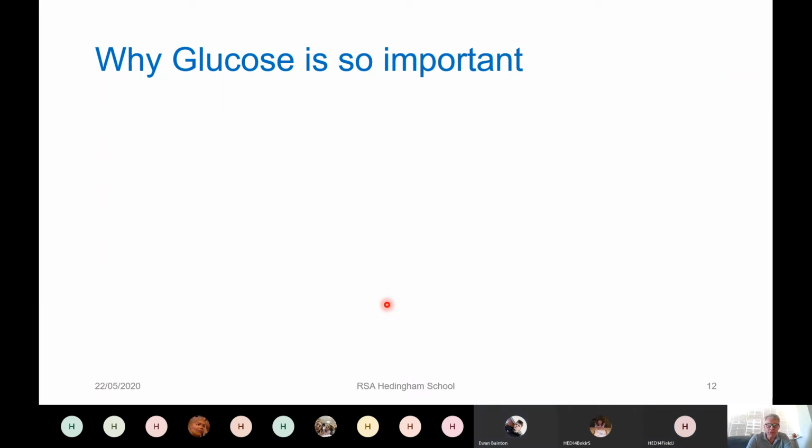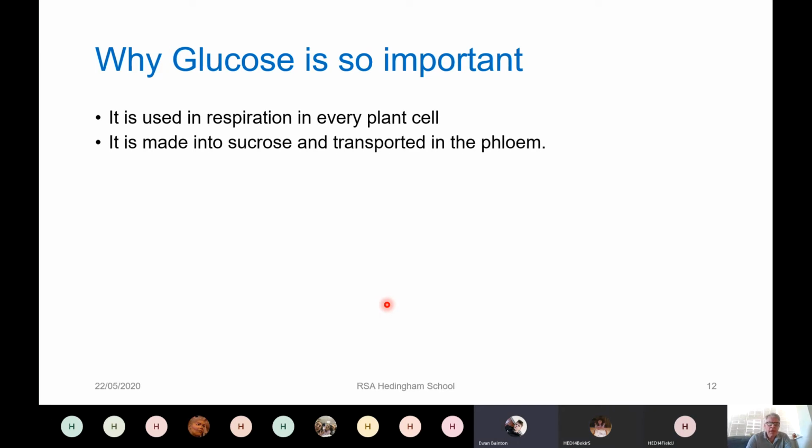Why is glucose so important? Number one, it's used for respiration in every plant cell, and pretty much most living cells use it. Secondly, it's made into sucrose and transported in the phloem, and you'd have done that in topic 4. What has to be added to glucose to turn it into sucrose?